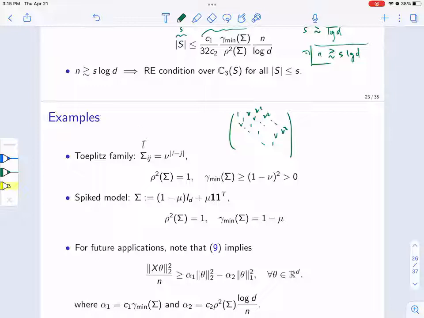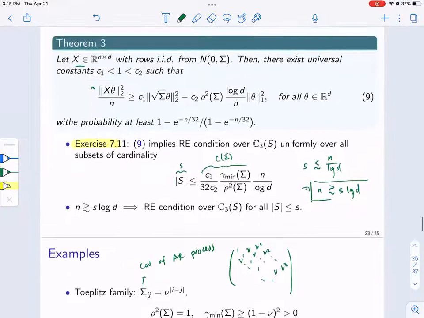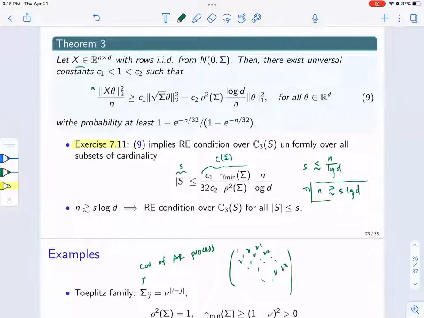So covariance of, let's say, AR processes, if you have seen time series. If that's the case, then you can show lambda min for this is like 1 minus mu squared, still bigger than 0, and this is equal to 1. So we have this nice result.